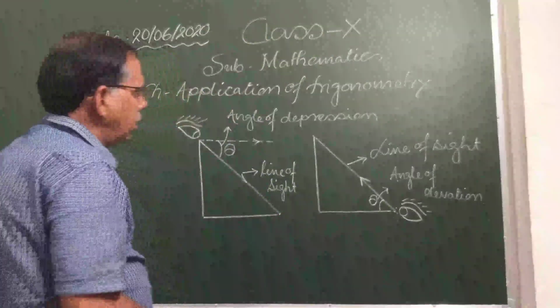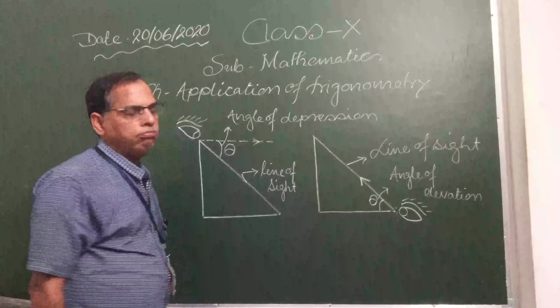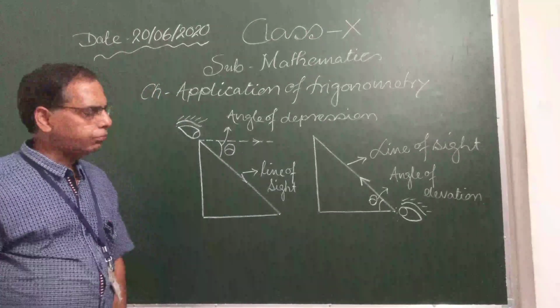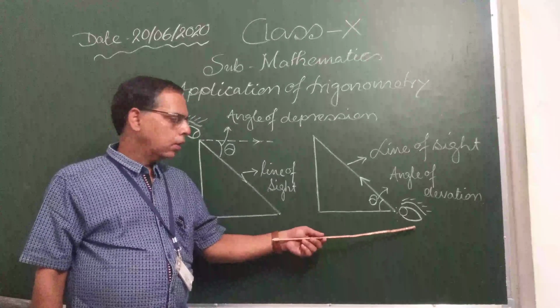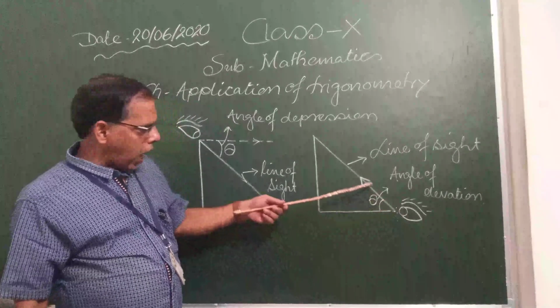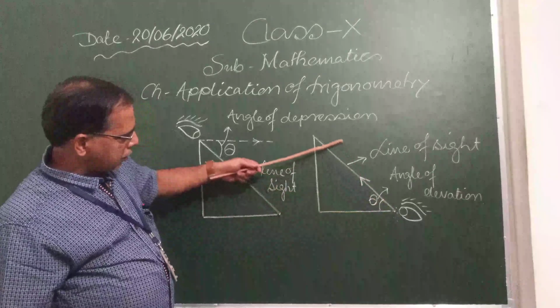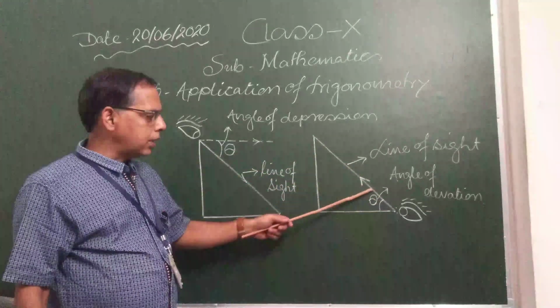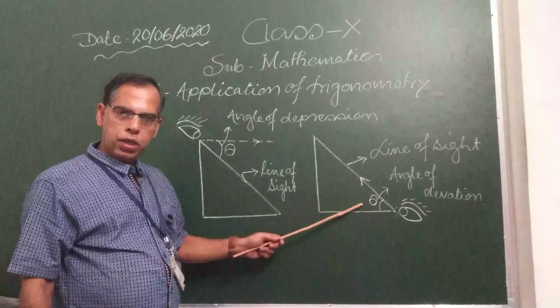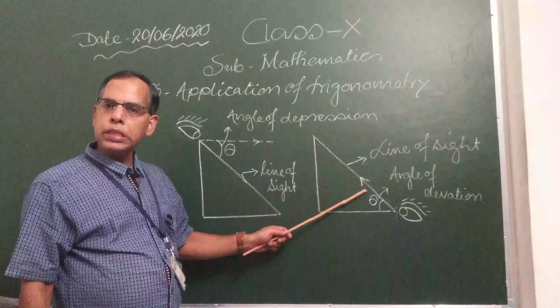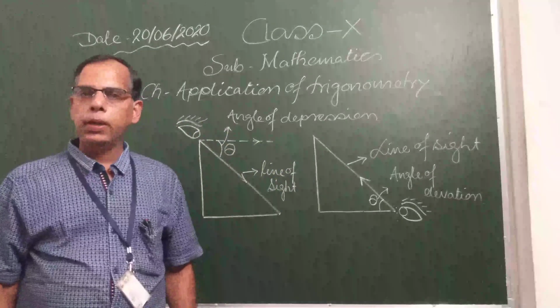Now, let's see. You can see that I have drawn two diagrams. In one diagram, this is my eyesight. When I am looking up, you can see my eyes are looking up, then this is the angle of elevation, and this is the line of sight. Remember one more thing.